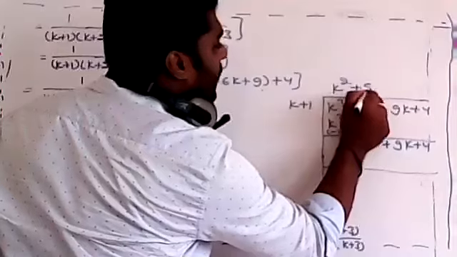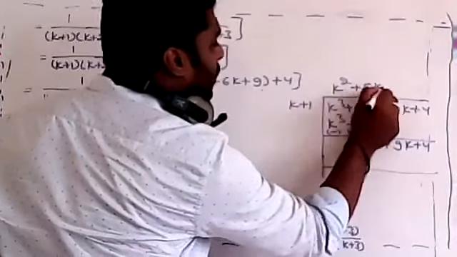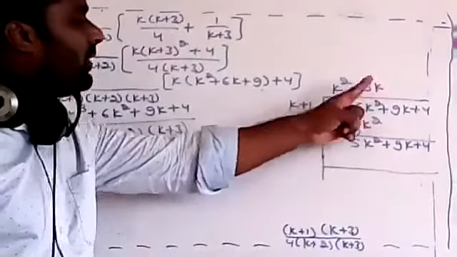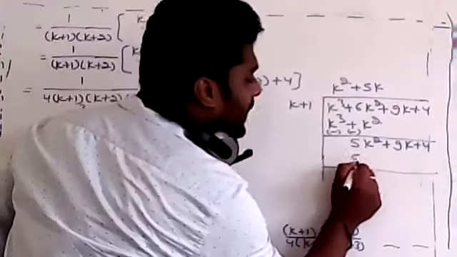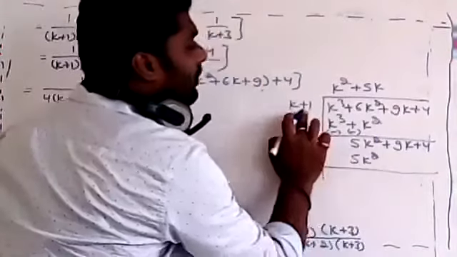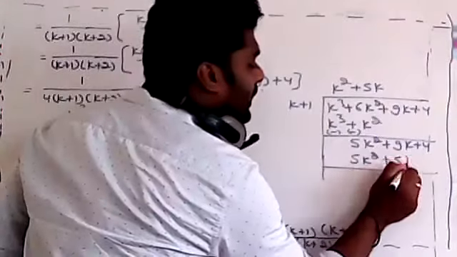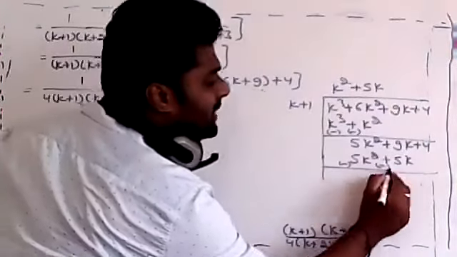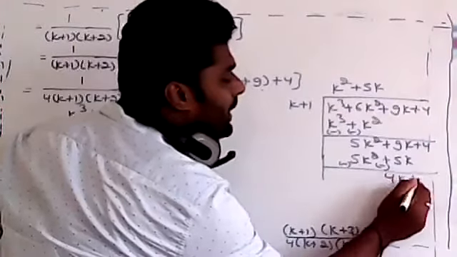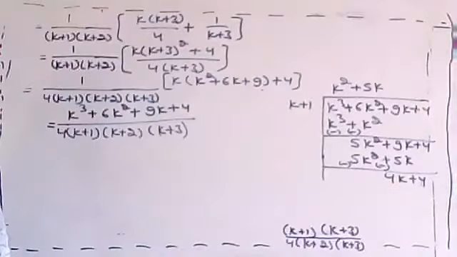Plus 5k. Good. Because when I multiplied 5k into k, we'll get what? 5k square. Good. 5k square plus 5k into 1 is what? 5k. If I change the sign here, both get cancelled. 9 minus 5 is what? 4k plus 4. Correct or not? 4k plus 4.